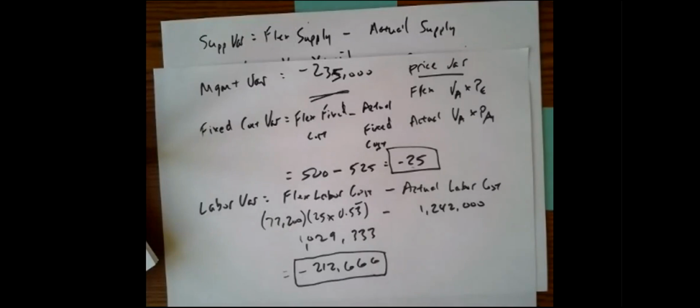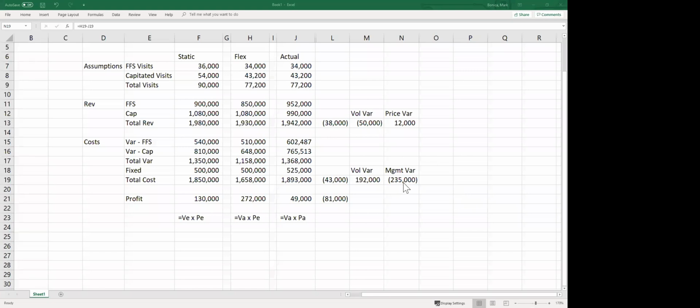However, even though they went down from 90,000 to 77,000 visits, they still had a significant negative management variance, meaning they spent a lot more to produce each visit than they had anticipated.